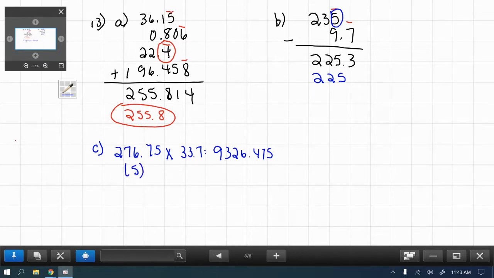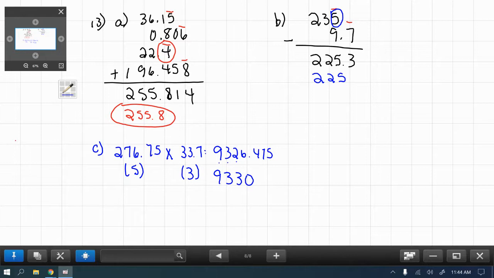How many do you have in 33.7? Three. So your answer should be to 3: 1, 2, 3. So your answer should have been 9330.